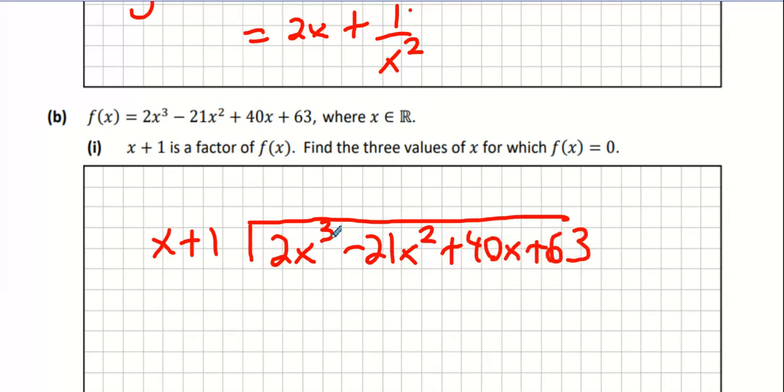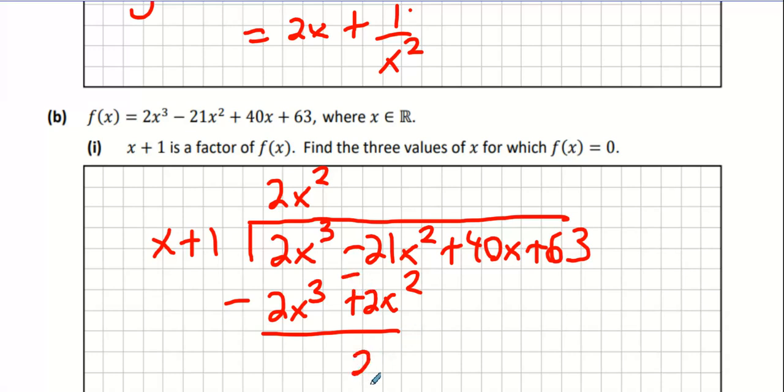Okay, and we get a 2x squared, we multiply it, we get 2x cubed plus 2x squared, we subtract, we get minus 23x squared, we drop the 40x, we divide again, and it goes in 23 times.